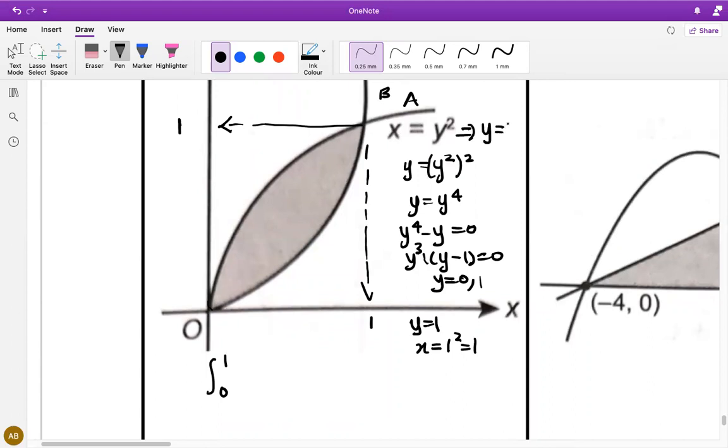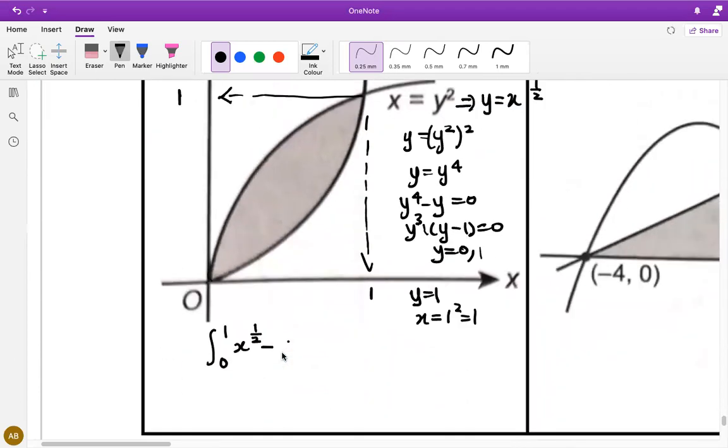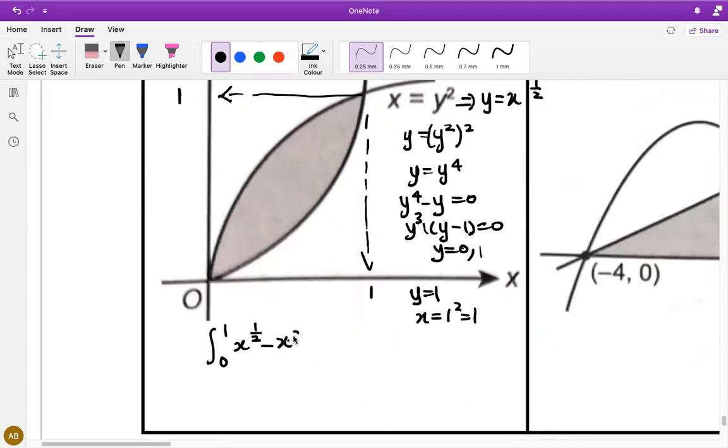So y equals x to the power 1 over 2, so x to the power 1 over 2 dx. Oh, sorry, no need for this. I will write again. This is x to the power 1 over 2 minus x squared dx. So you can find the answer.